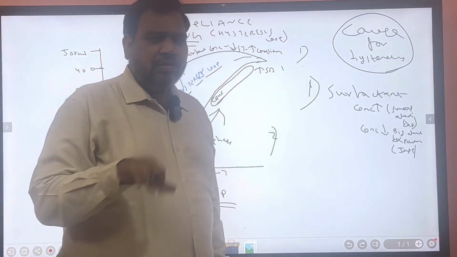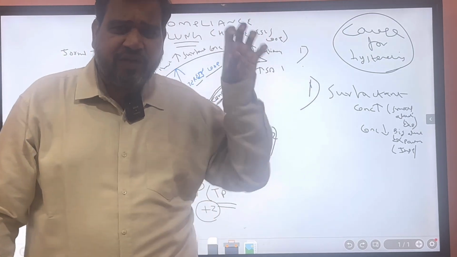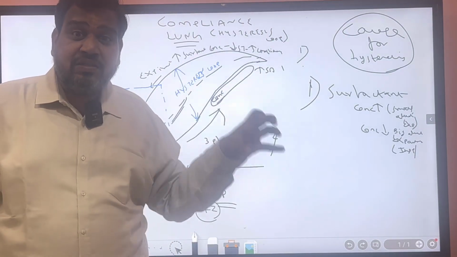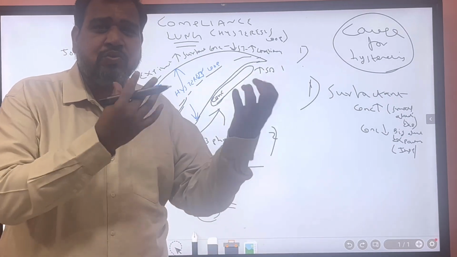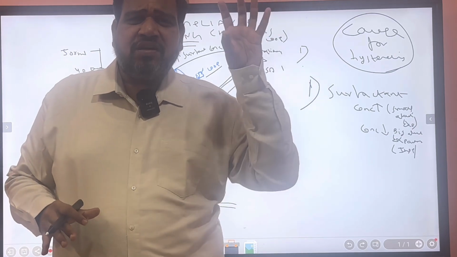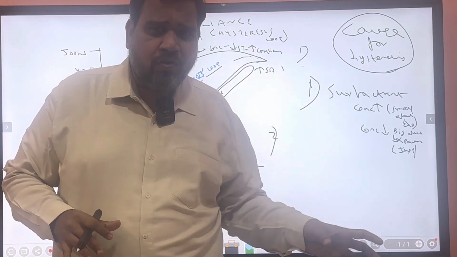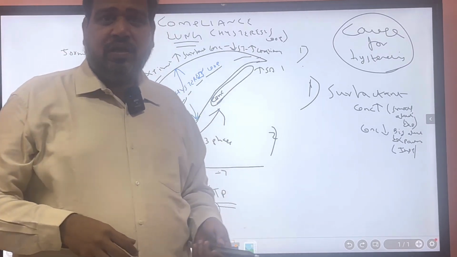Now coming to the second cause, we all know lungs have elastic nature. Lungs are composed of elastin, collagen. It is elastic in nature. If I take the lung from my respiratory system and keep it outside, it loves to recoil. Note it down. The recoiling and elastic capacity of the lung is very well known. And when I inspire, I have to overcome that elastic resistance.